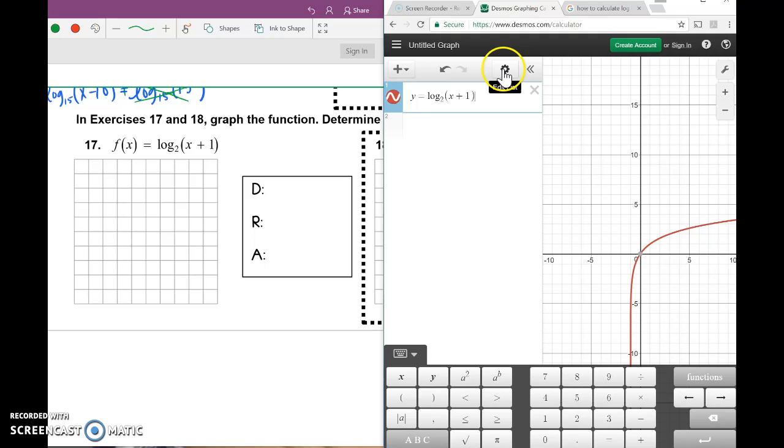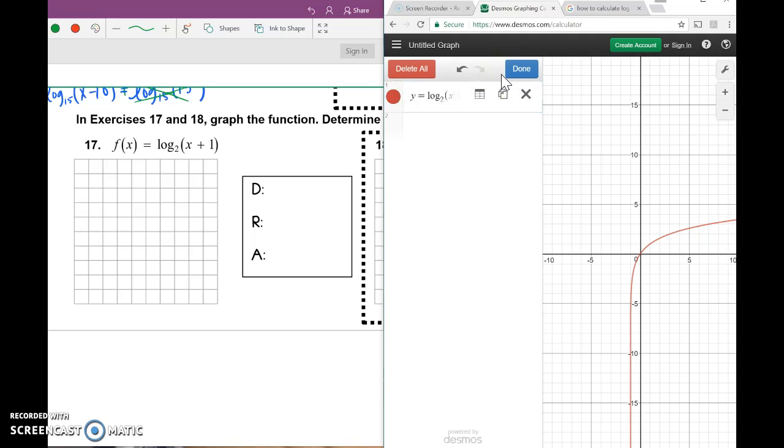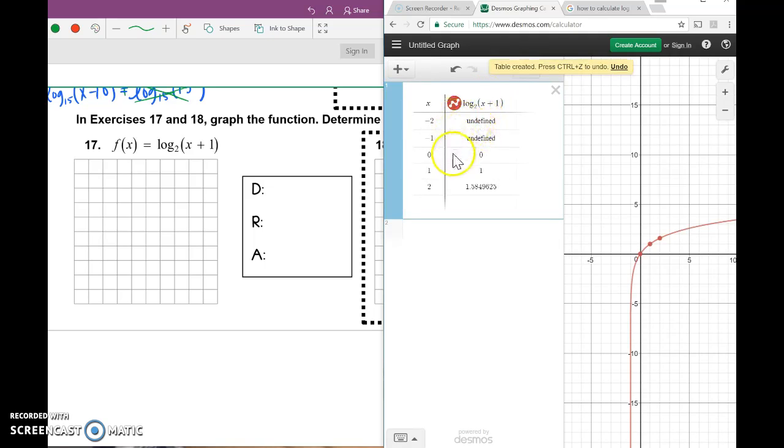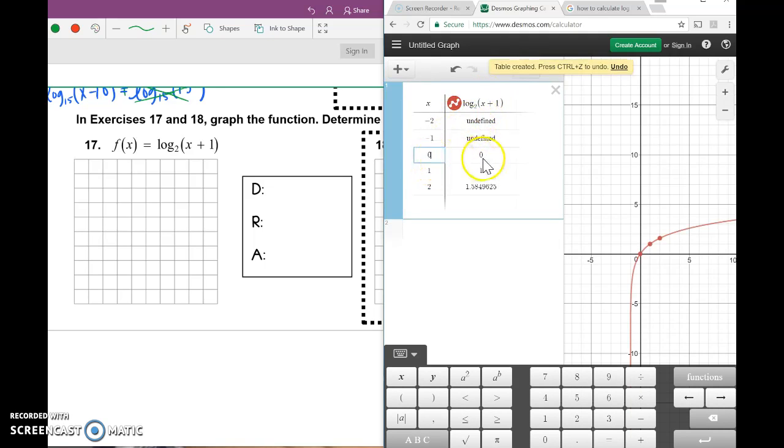And there's your graph. Remember, if you want points, you can go to edit list and convert to a table. So the only points that are given are 0, 0, and 1, 1. So go ahead and plot those points.